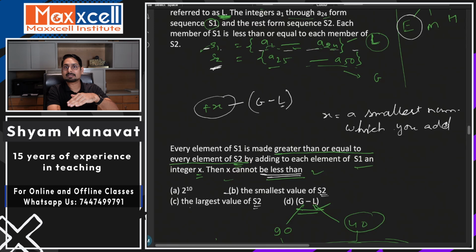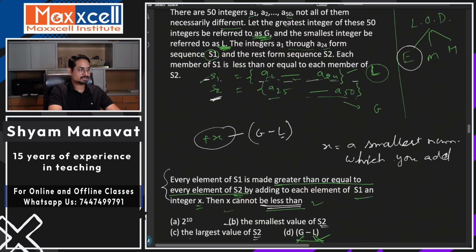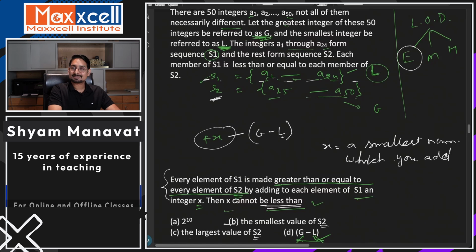So definitely the other numbers must be more than the greatest number of S2. You achieve the situation given in the question, and that's the smallest number you should add. You can't go lower than this. So that's your answer. This is the level of difficulty I feel. Let's solve the next question.